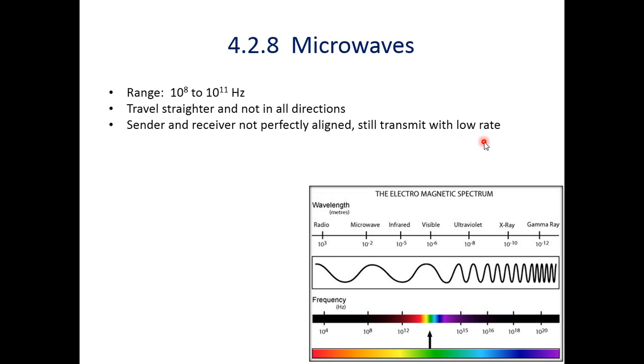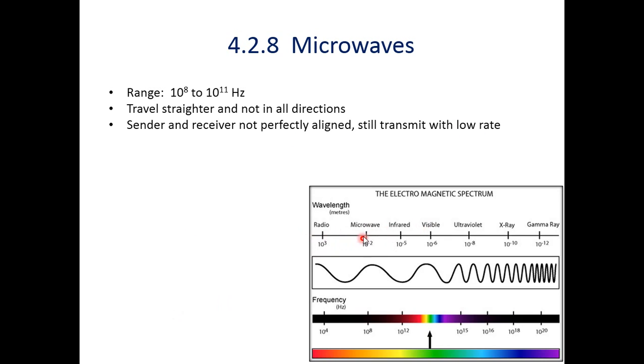Microwave works best when both the sender and receiver are perpendicular, meaning they are very well aligned with each other, like a television dish and the satellite. If the television dish is exactly aligned with the satellite, then we get good picture quality. If it is slightly rotated, then we notice the change.